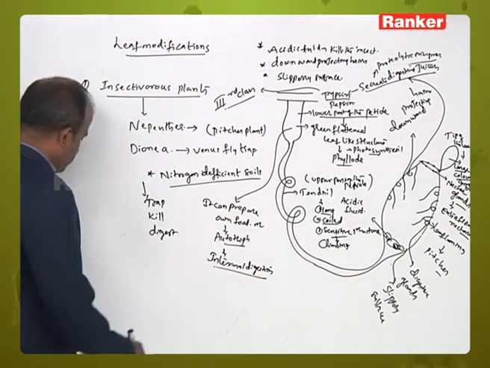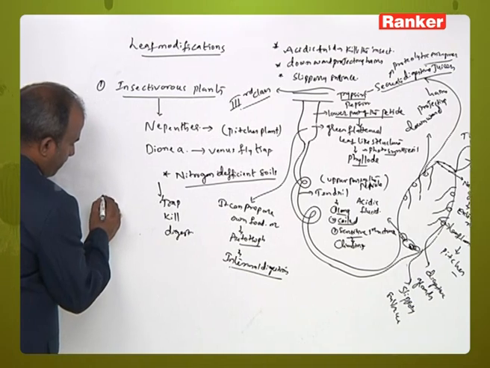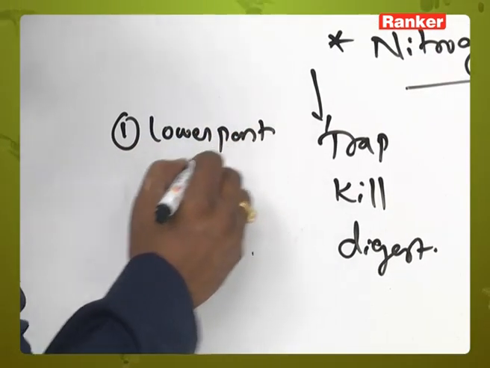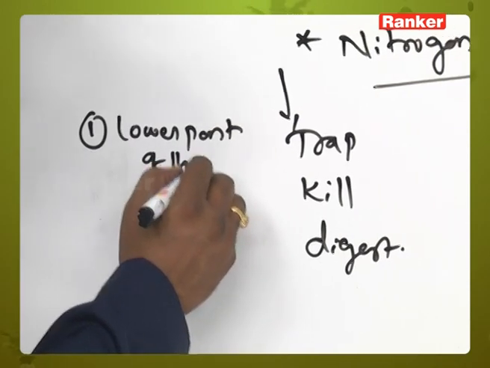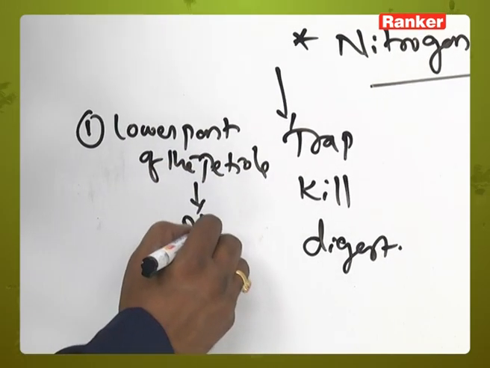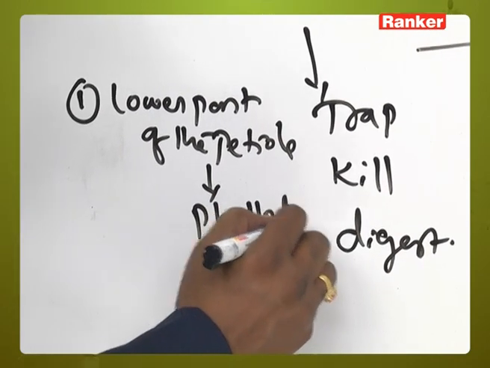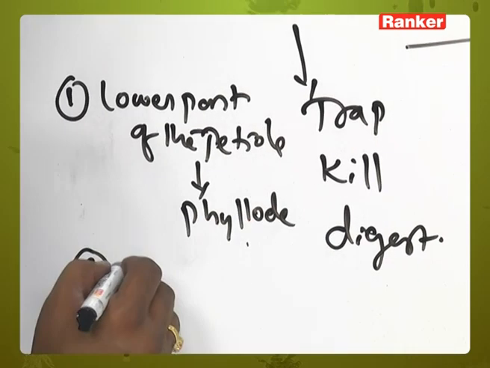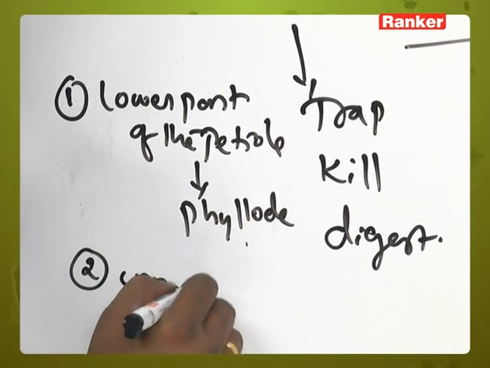One is the lower part of the petiole, which is modified into phyllodes.